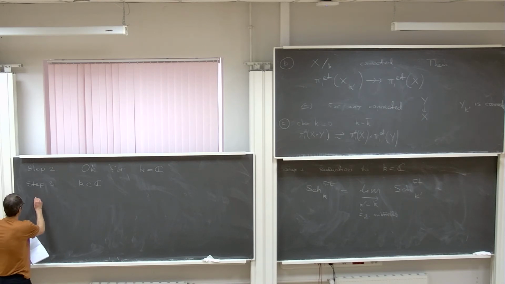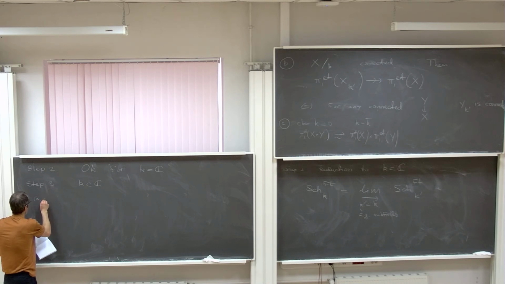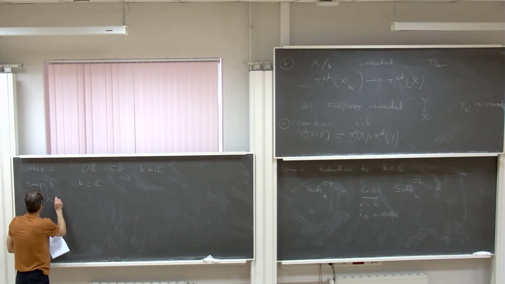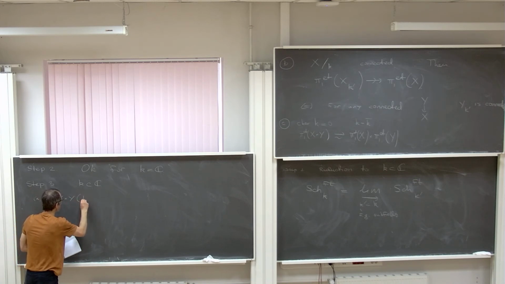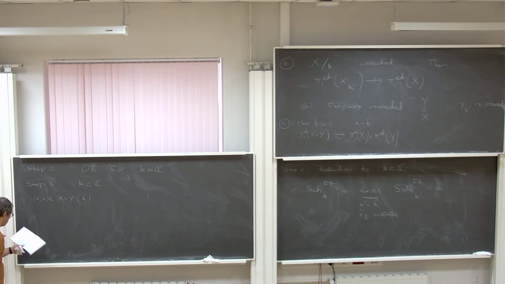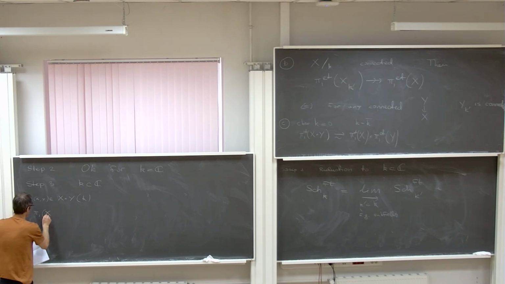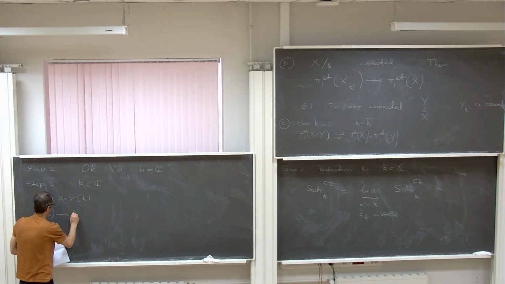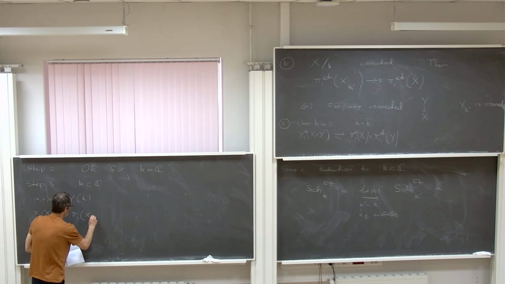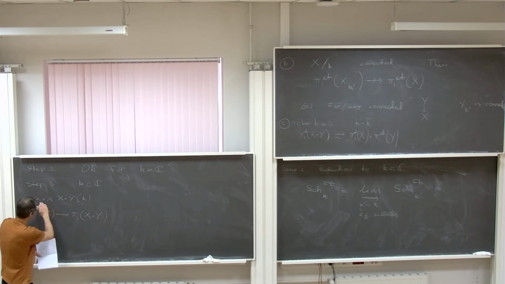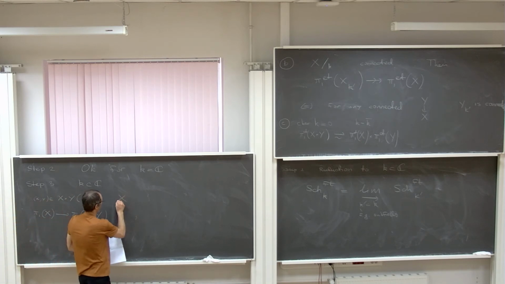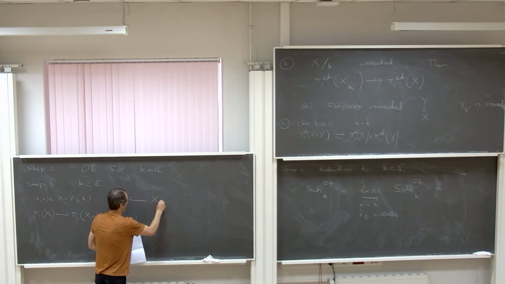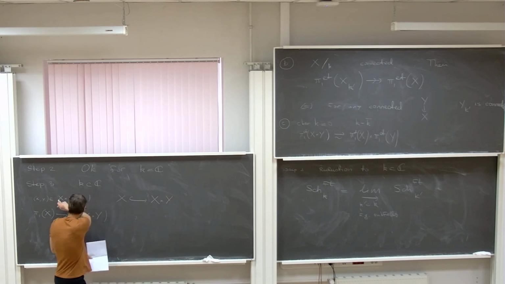Let's pick some points x, y, K-points in X, Y, K. Then I have a map from pi 1 of X to pi 1 of X times Y, which is induced just by the inclusion of X into X times Y given by this point.